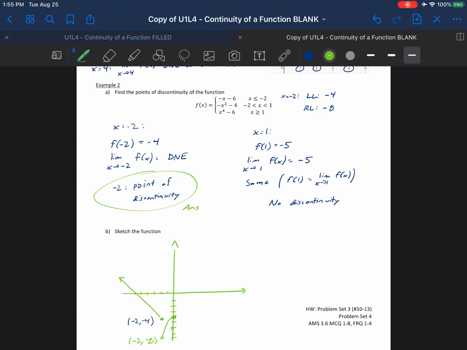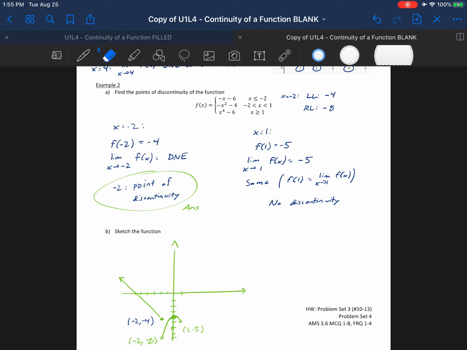So we see discontinuity there, and it also stops at 1. And when I plug in 1, I get -5. So it's this kind of part of the parabola there, right? And this point here is 1, -5. Okay. Oh, and I need to be careful.